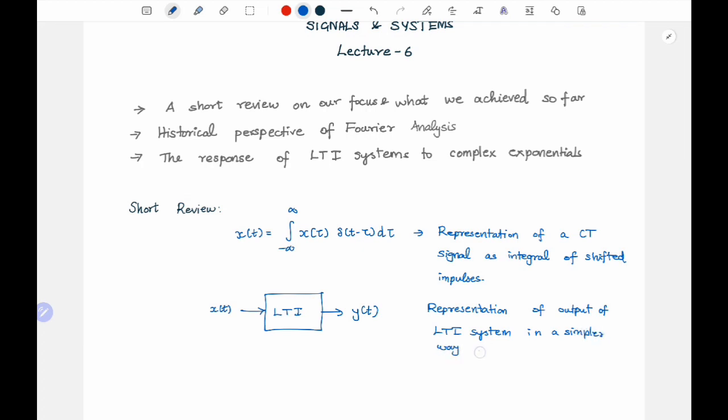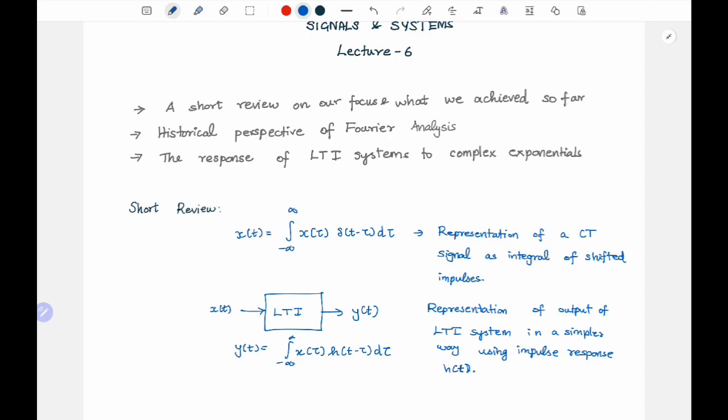And what did we use there? Using impulse response, h of t. So, y of t is convolution of x of t with h of t, which is nothing but x of tau, h of t minus tau, d tau, right? So far, this is what we have seen.